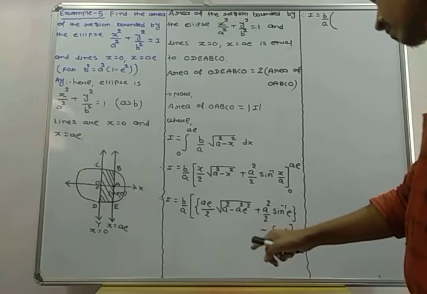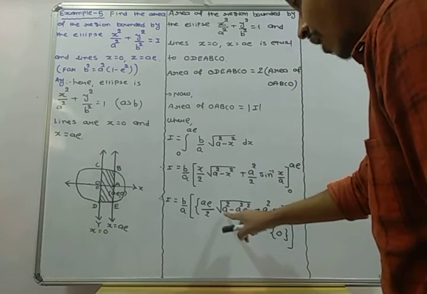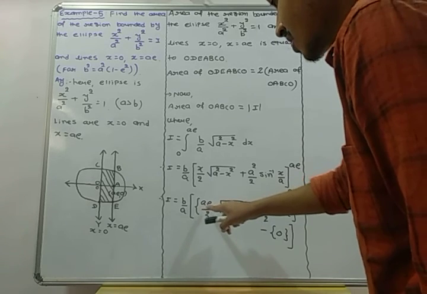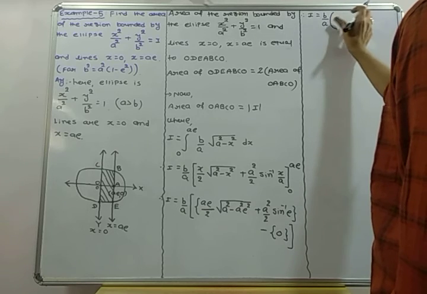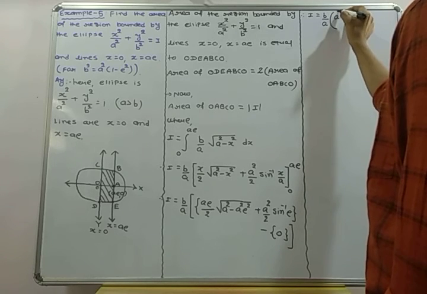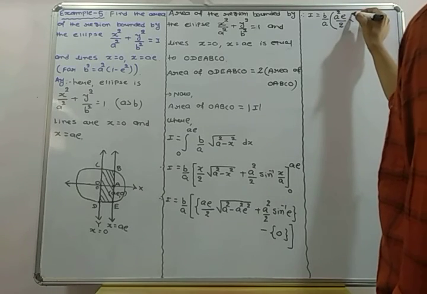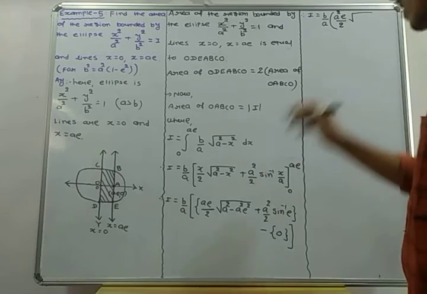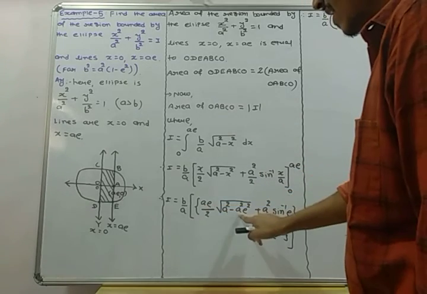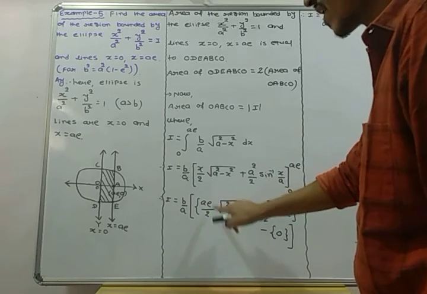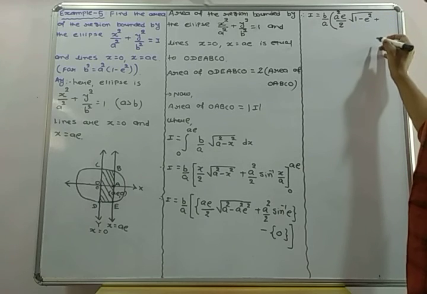So here from this under root a square common, outside becomes a square e by 2, and under root, if a square common, so 1 minus e square. Because one time a तो पहले से ही था, and a square outside becomes a into a square e by 2 and under root 1 minus e square plus a square by 2 sine inverse e.